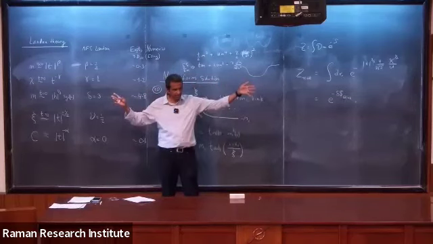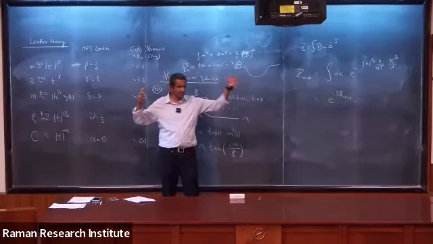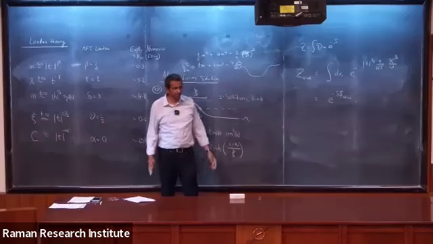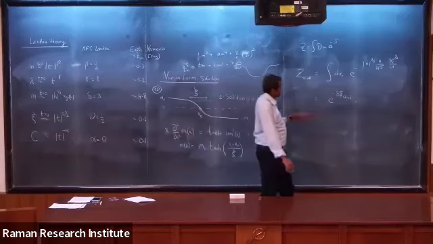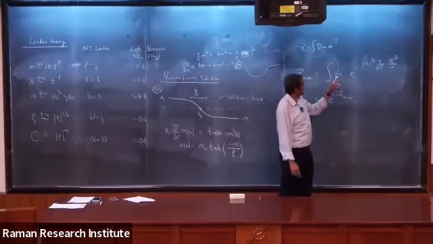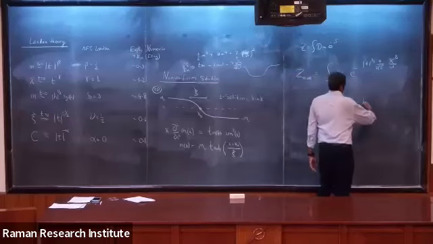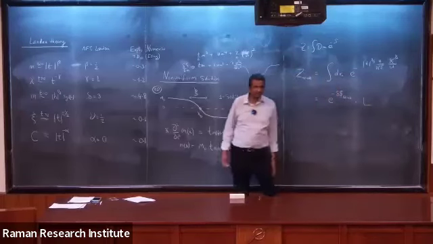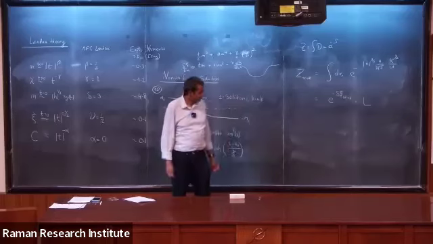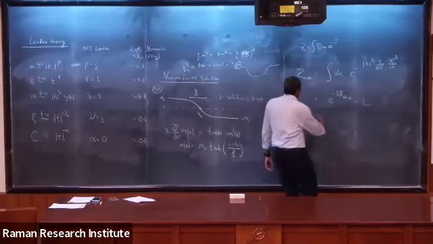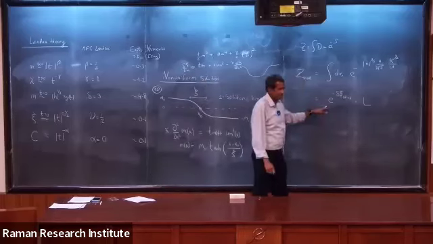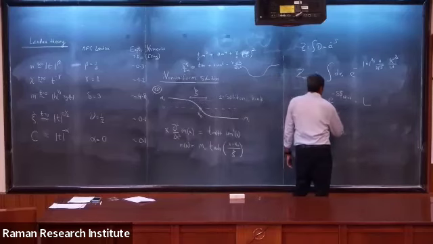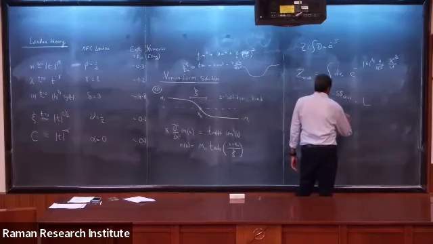So let's assume some open chain, where half is at plus m naught and half is at minus m naught. Then this integral is going to give me something proportional to L, where L is the length of my system. So this looks like e to the minus delta s, 1 kink.